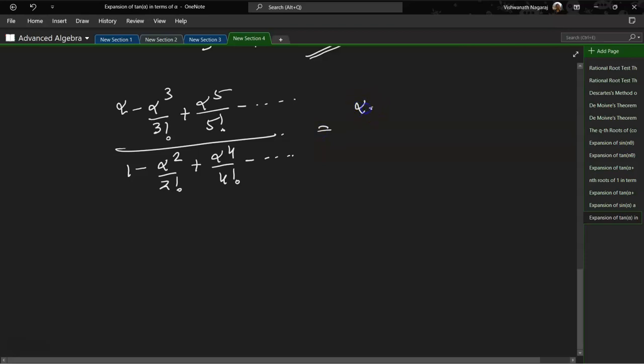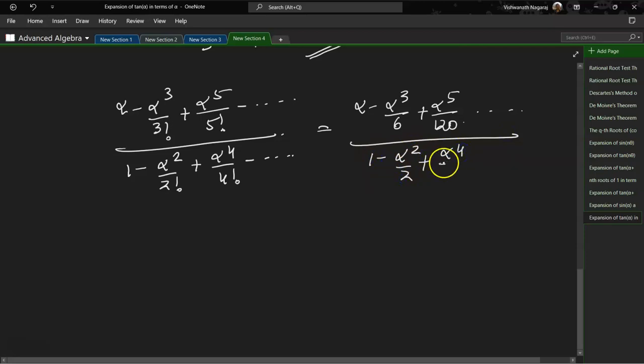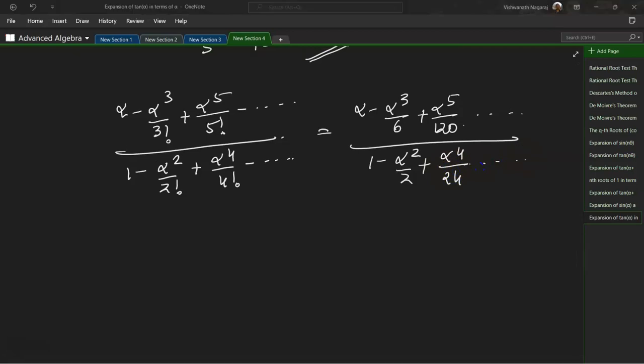So let's first simplify this, alpha cube by 6 plus alpha 5 by 120 dot dot dot divided by 1 minus alpha square by 2 plus alpha 4 by 24 dot dot dot. So let's do the division.